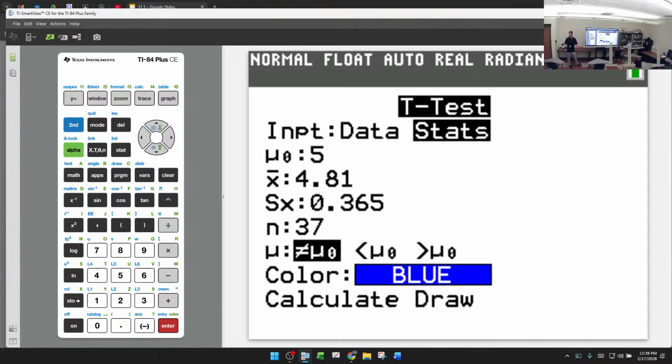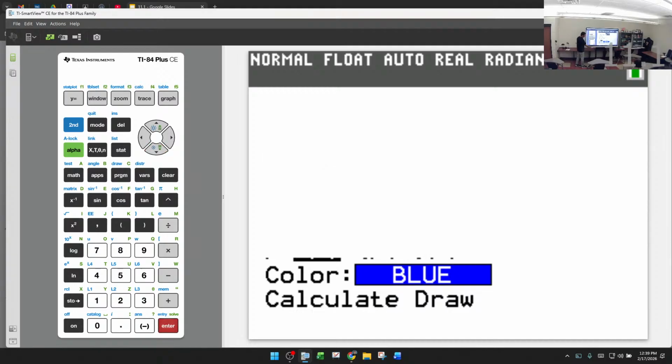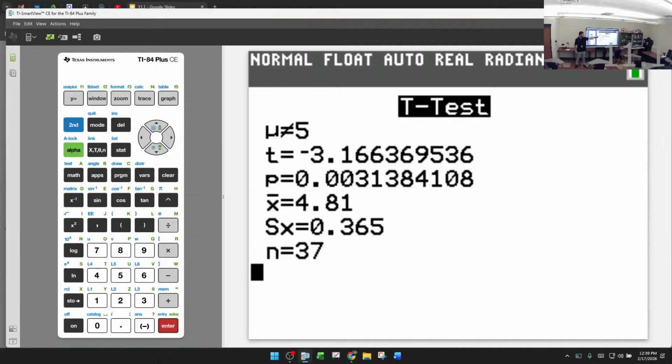All right, we're going to let our calculator do all the work. Calculate. There's that t, negative 3.166. There's the p-value, 0.003.